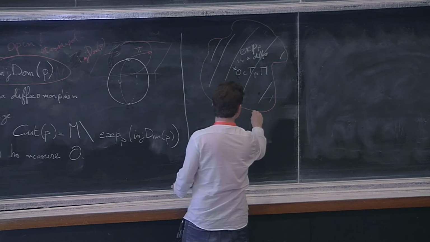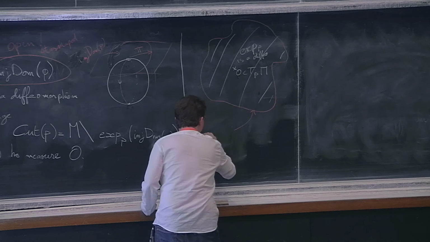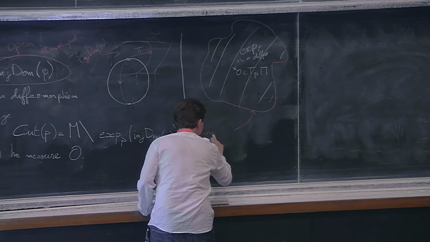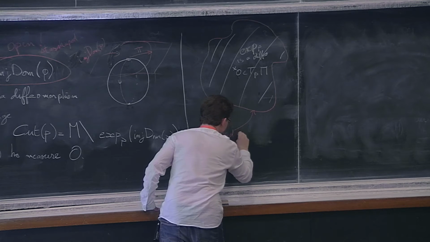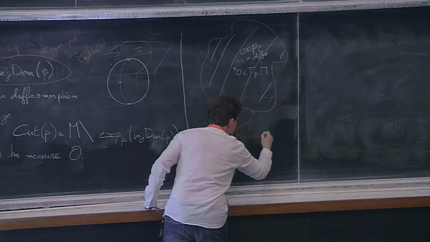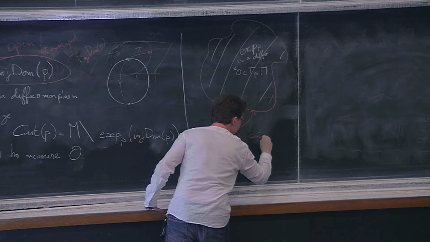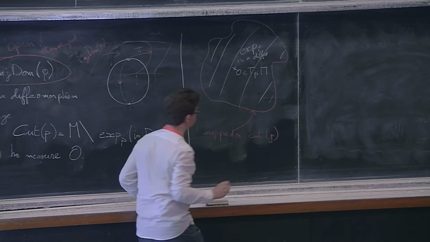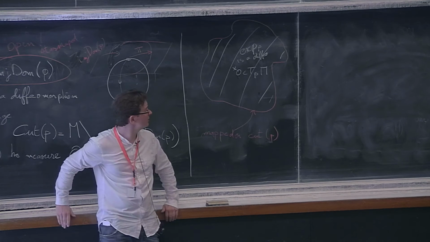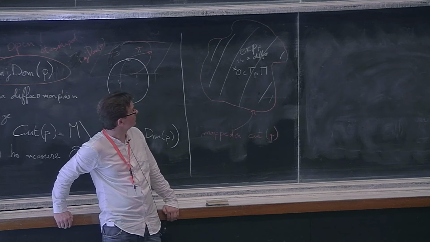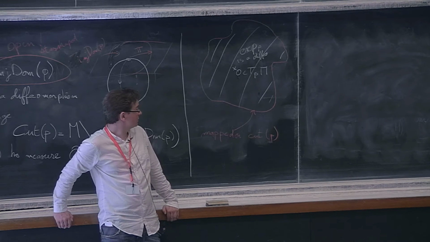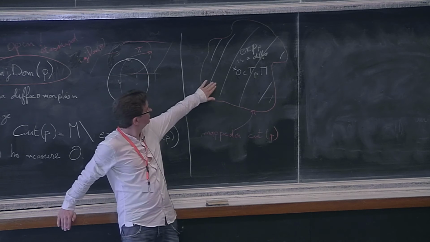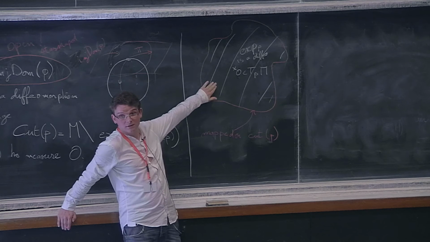And all this is mapped onto the cut locus of P. So already that tells something about manifolds in general, that this is diffeomorphic to a ball.